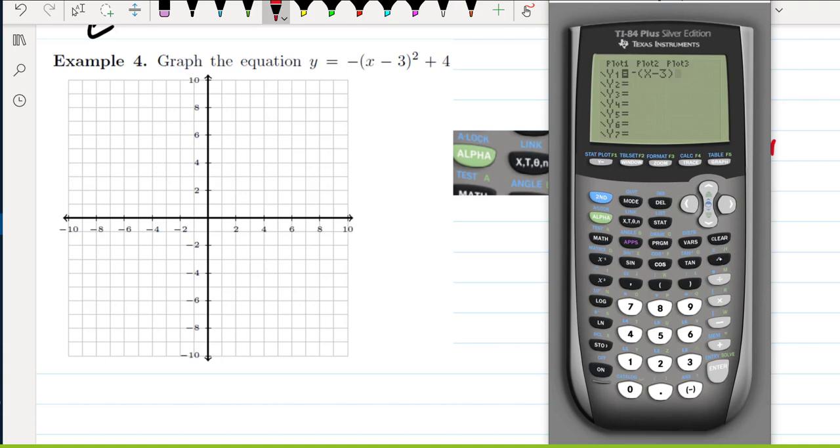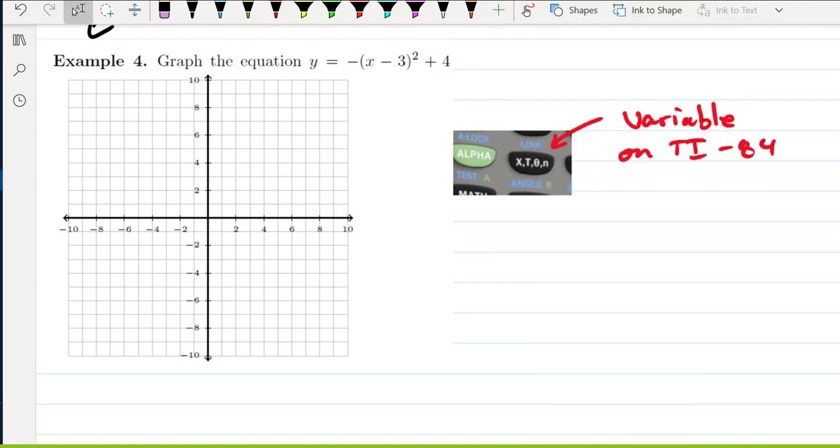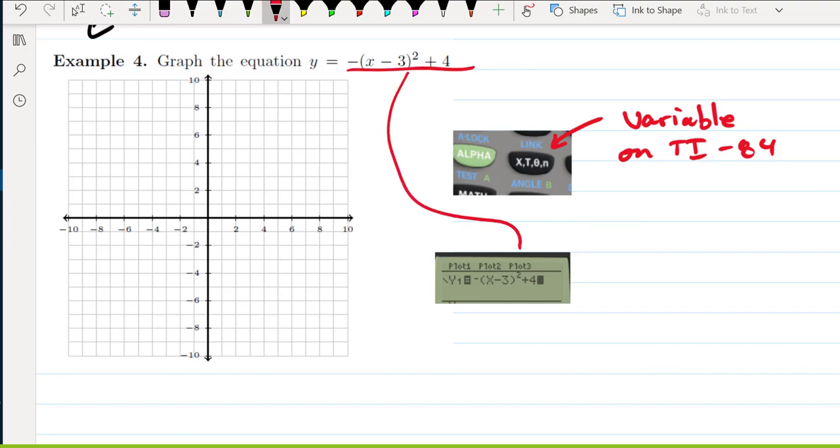I'm going to use the caret, and you press caret, and it pops your cursor up into the exponent, and then you can type a 2. But when you do that, notice my cursor is still in the exponent. So I have to press my right arrow key to move the cursor back down to the base line, and then I press plus 4. And we'll notice that what I have entered into the y equals screen on my TI calculator is exactly what I have here. So I literally just typed that into my calculator.